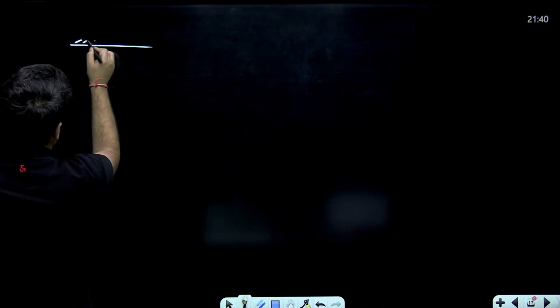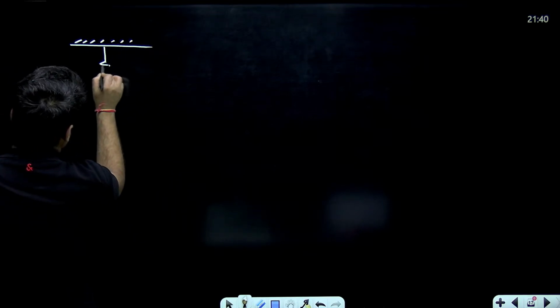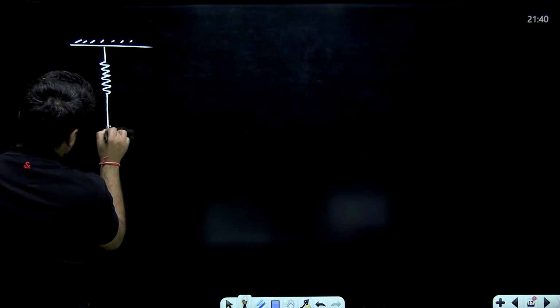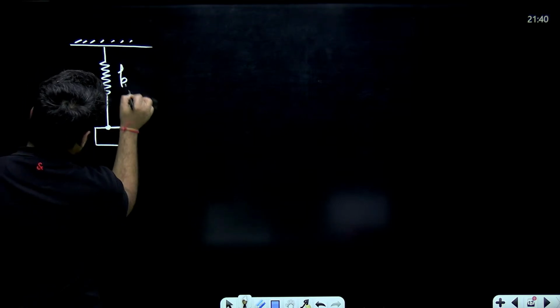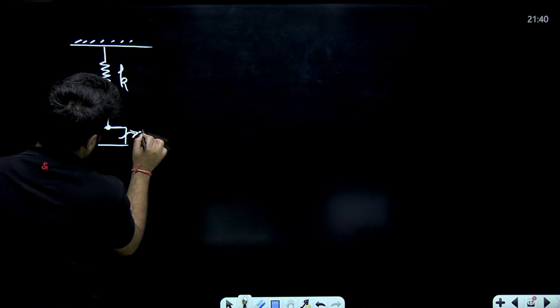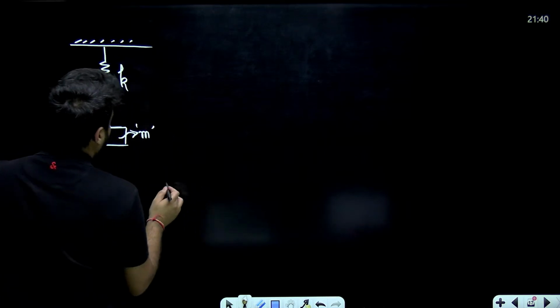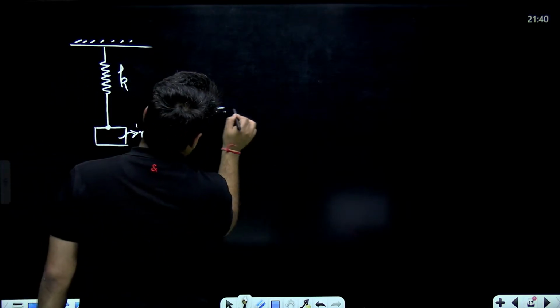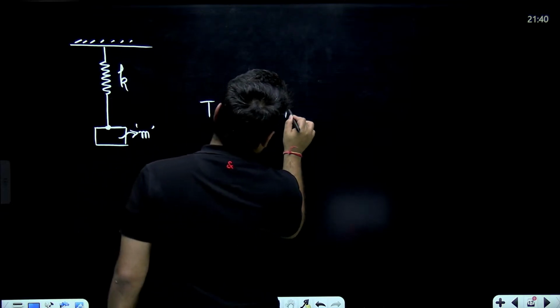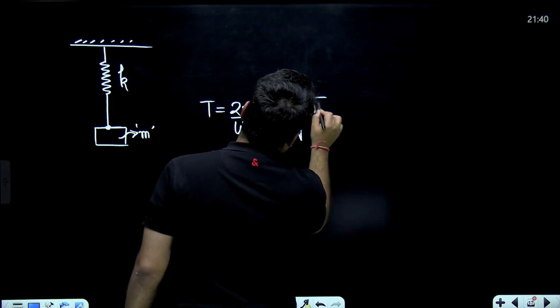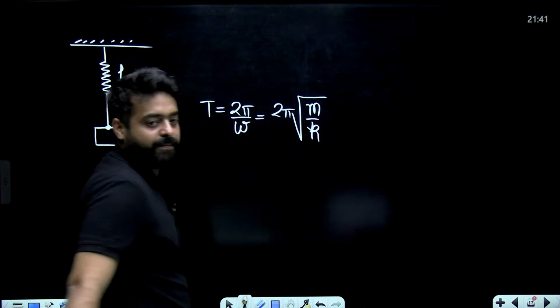So can you tell me one more thing? There's one question, time period, that's why I'm doing it. If you know the spring constant and you put a mass m, can you tell me what is the time period? So 2 pi by omega, or you can say 2 pi under root m by k.